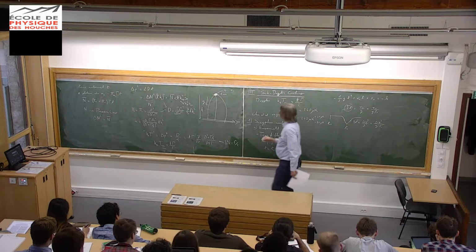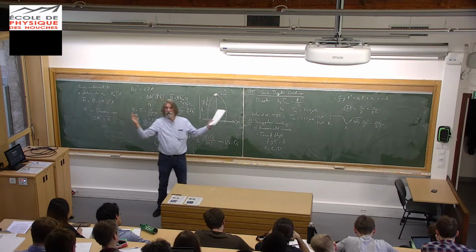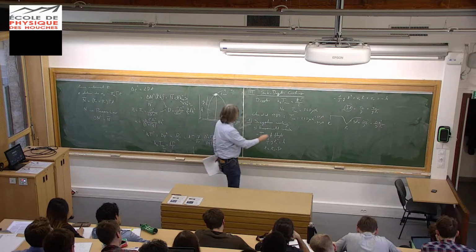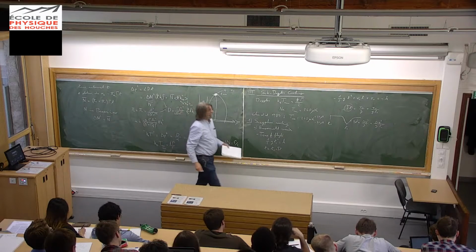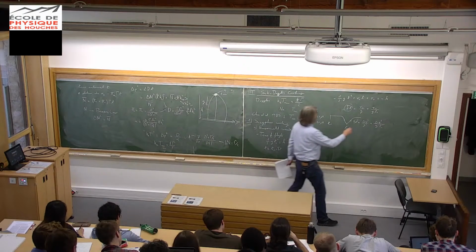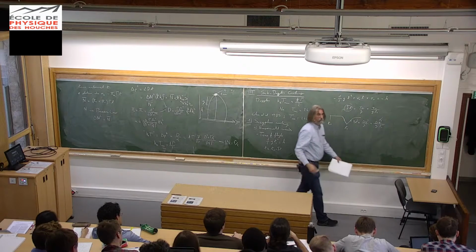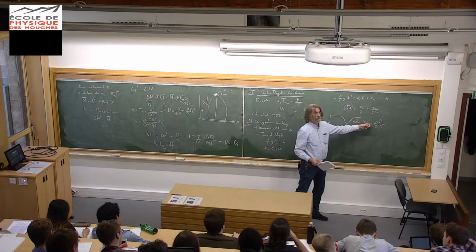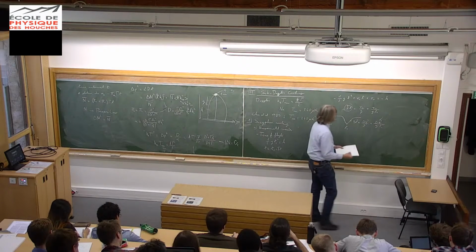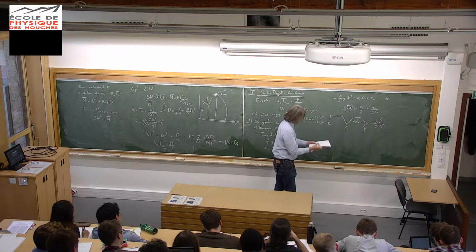And obviously, if your cloud is very broad and the height is not sufficiently large, then you will have some problems because this component may dominate the velocity spread.